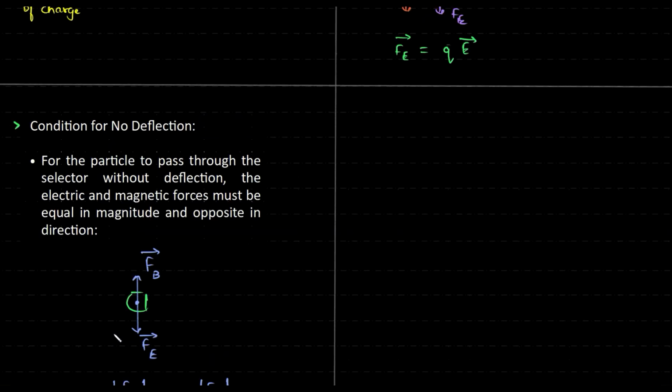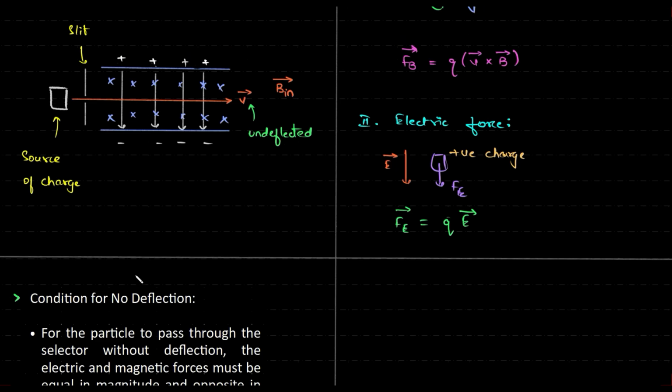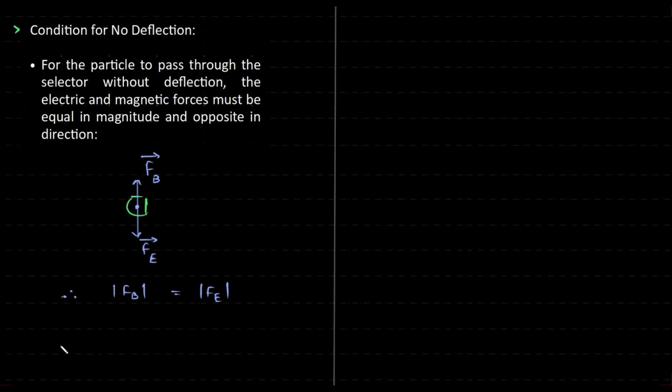So this expression, Q V B, is equal to Q E. Okay. Now, as V and B are perpendicular, this implies theta is equal to 90 degrees.